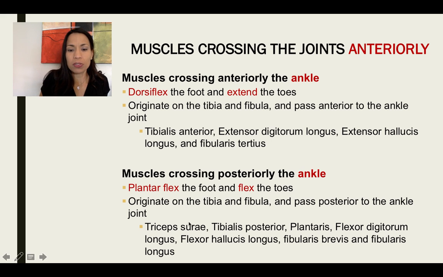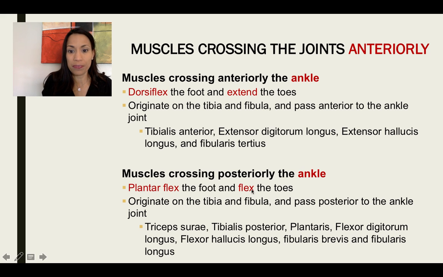And here are the muscles that we're going to describe that have these actions: triceps surae, which consists of 3 muscles we'll see later, tibialis posterior, plantaris, flexor digitorum longus, flexor hallucis longus, fibularis brevis, and fibularis longus.